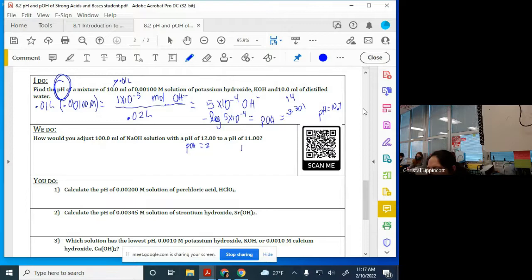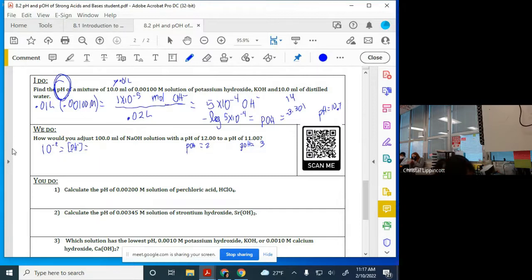My pOH here is going to be 3 because 14 minus 11 is 3. Now, if I take 10 to the minus 2, that's going to give me my OH concentration when the pOH is 2.